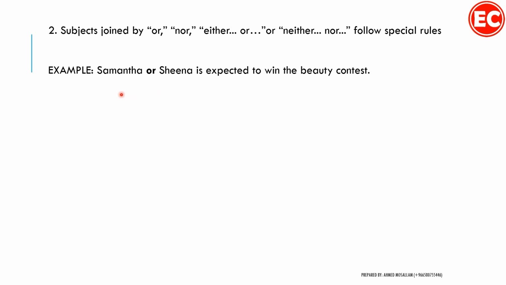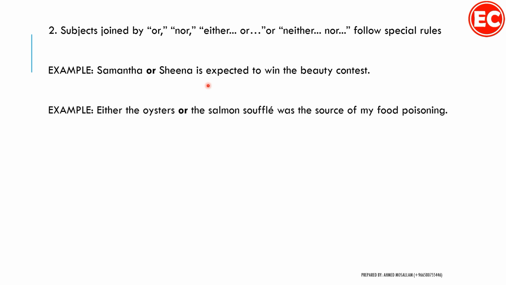So which one of them decided the verb? This is the question that you should ask yourself. Remember this rule: the subject which is closer to the verb decides or determines the verb. So we have Samantha, we have Sheena. Which one is closer? Sheena. So Sheena is the one who decided that it is is here. We'll do the same with the coming examples.